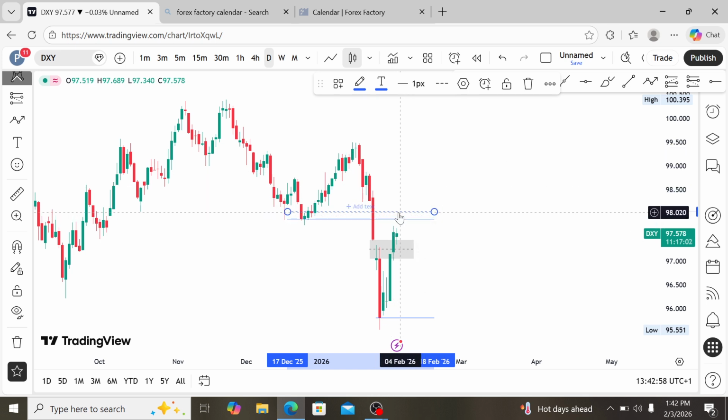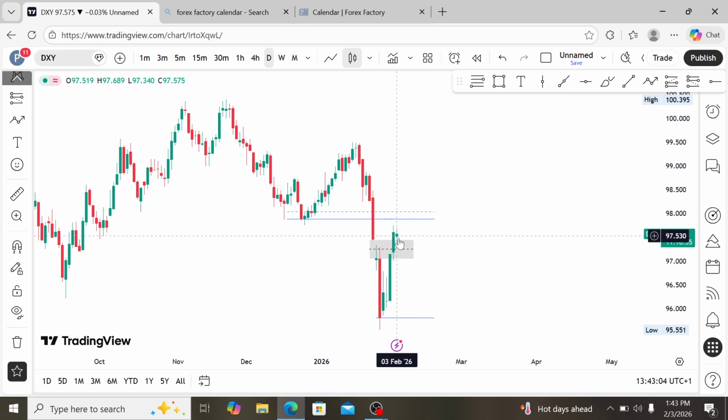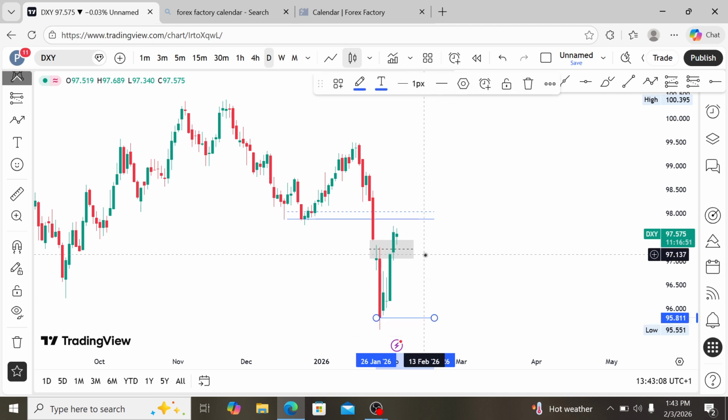If I get this, the price trades into this level and I get a bearish rejection, then I will be looking to sell the DXY into this price, 95.811, automatically 95.800. So that will be the idea.